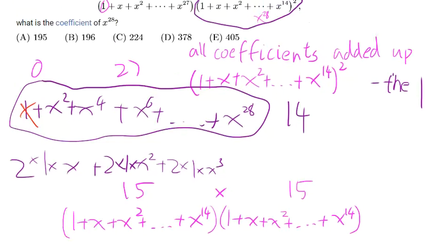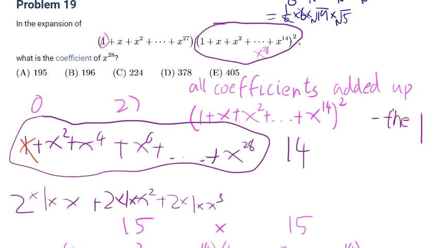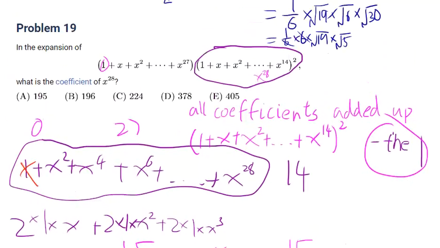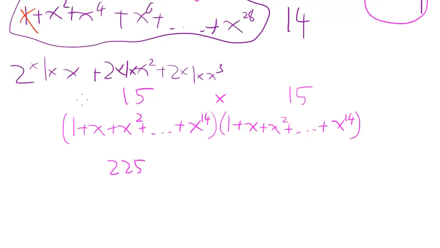So all coefficients add up to 225. Of course, we need to minus the one. We take away one. So the answer is 224, because 1 times 1 doesn't count.